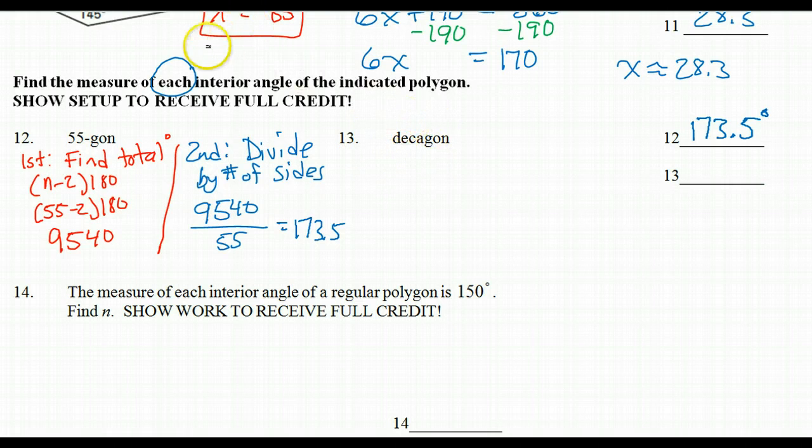Number 13, decagon. Alright, please understand that a decagon has 10 sides. So it's going to be, let me do this slightly differently. If I'm going to find each interior angle, each angle should equal the total divided by the number of sides.